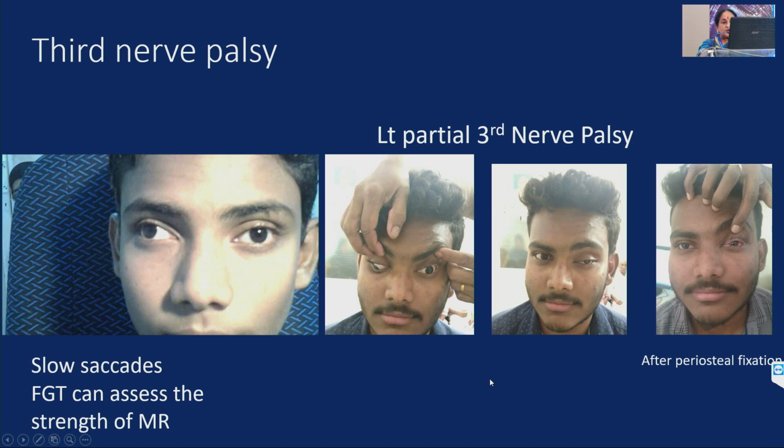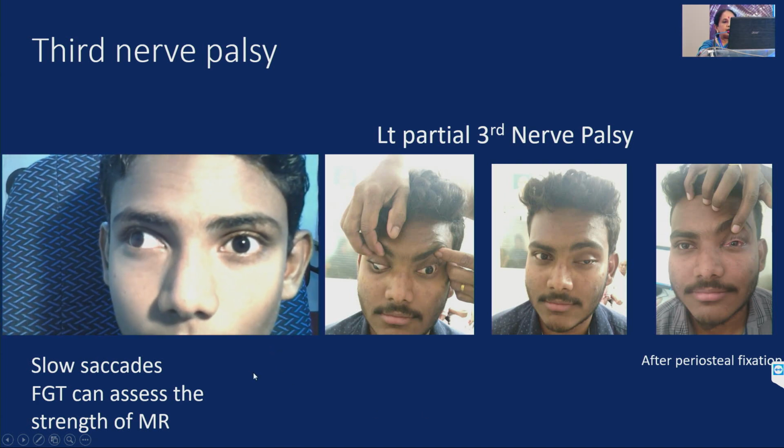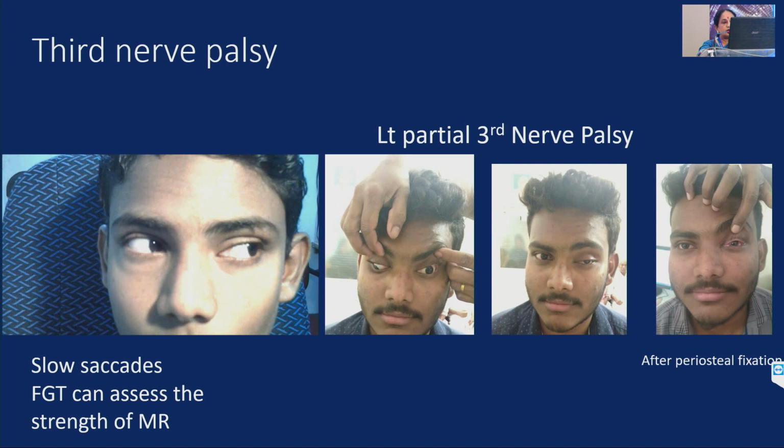And this is a third nerve palsy with a right face turn, left adduction deficit. He had surgery in childhood. Later, we had to do a periosteal fixation. You can observe the saccadic movements, that the left eye is moving slow in this left partial third nerve palsy.